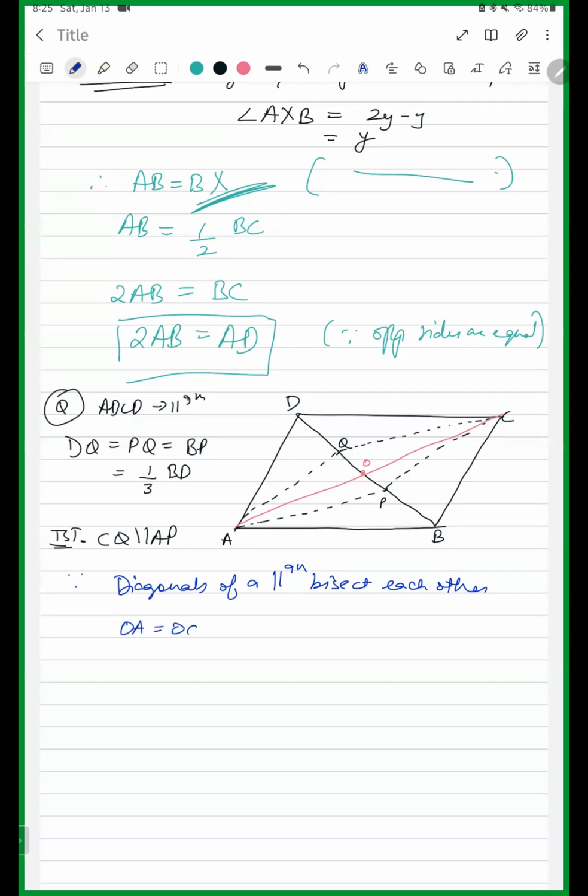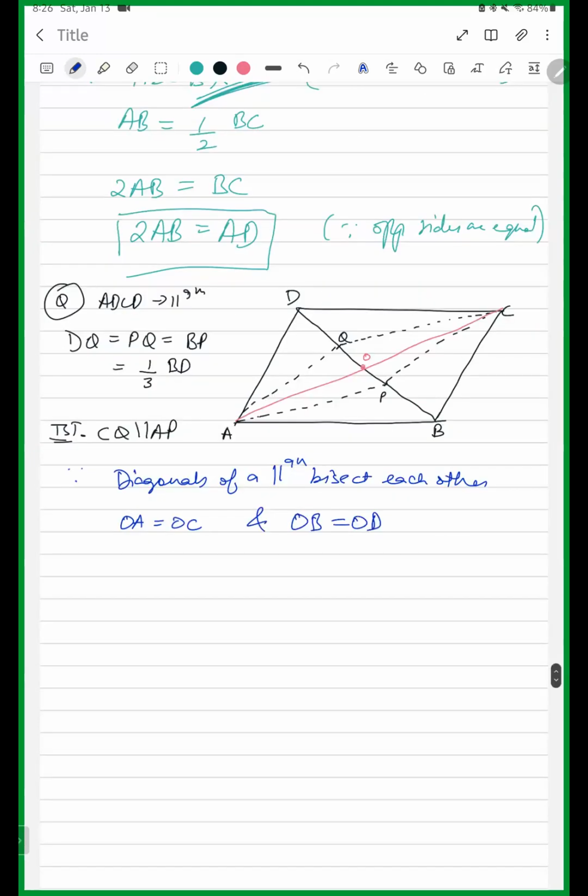This part will be equal to this part. And similarly, OD will be equal to OB. Since P and Q are points of trisection, therefore BP equals PQ equals QD, which is given.